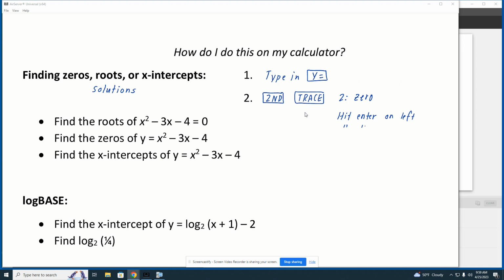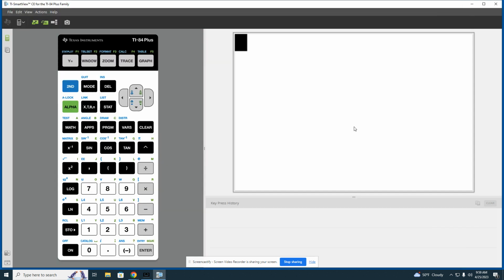We're going to hit enter on the right. Remember all this? And then we're going to hit enter one more time. And it's going to spit out that particular x-intercept, that particular zero, that particular root or solution. So here we go. Y'all ready? Let's go to our calculator.